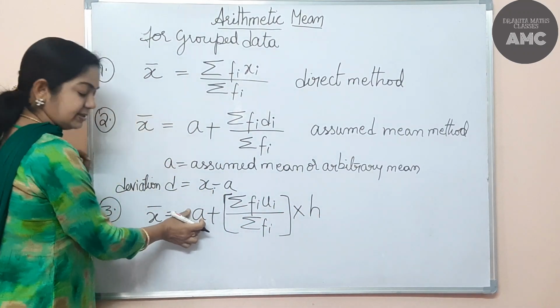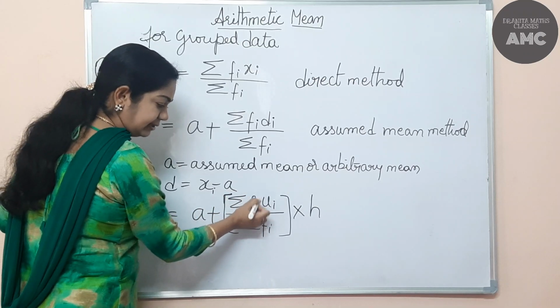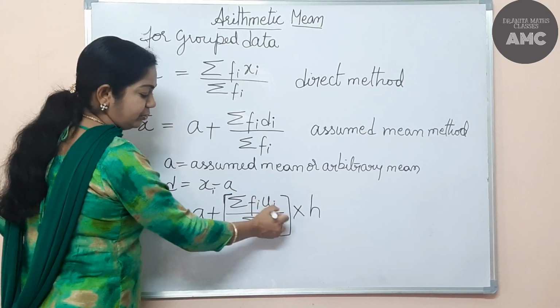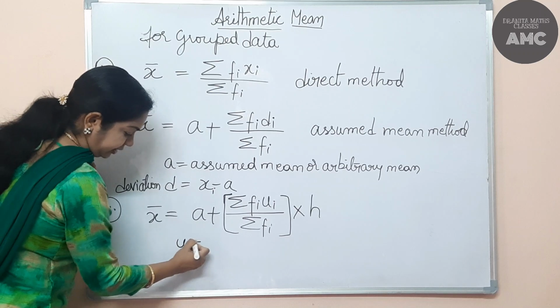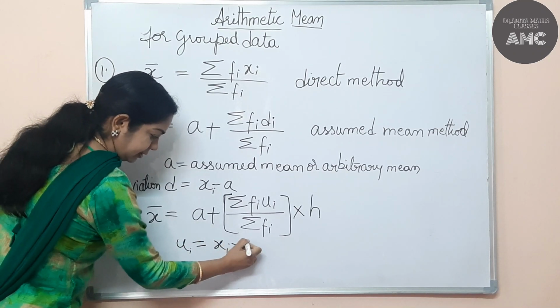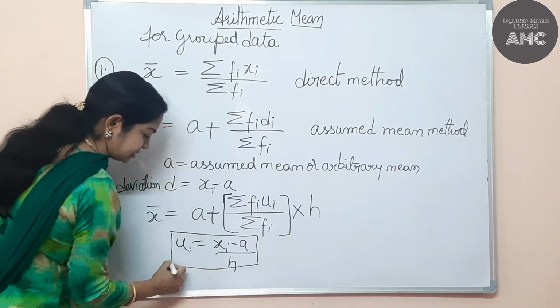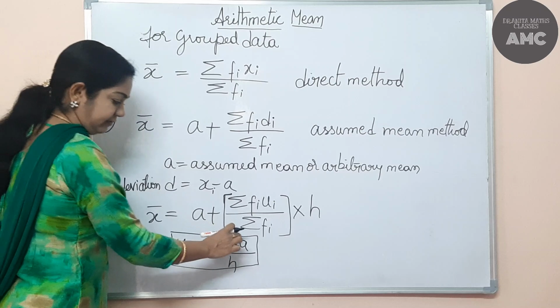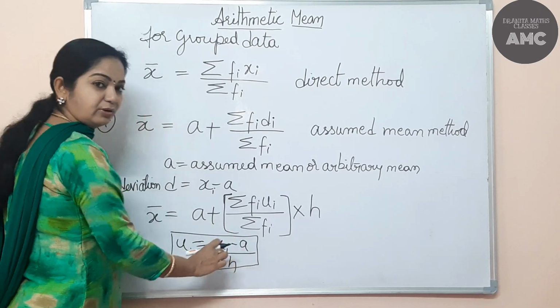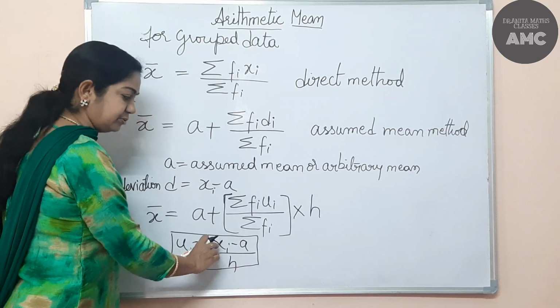Here A is the assumed mean, fi is the frequency of that particular item, and ui we get by this formula: x minus A, which is the deviation, divided by the height of the class interval, gives you ui.